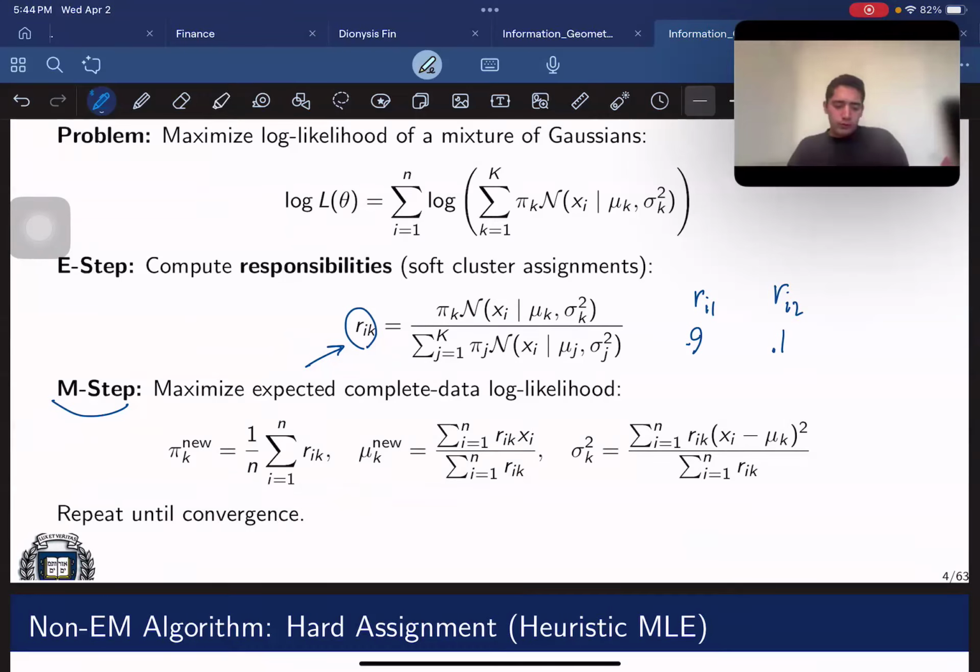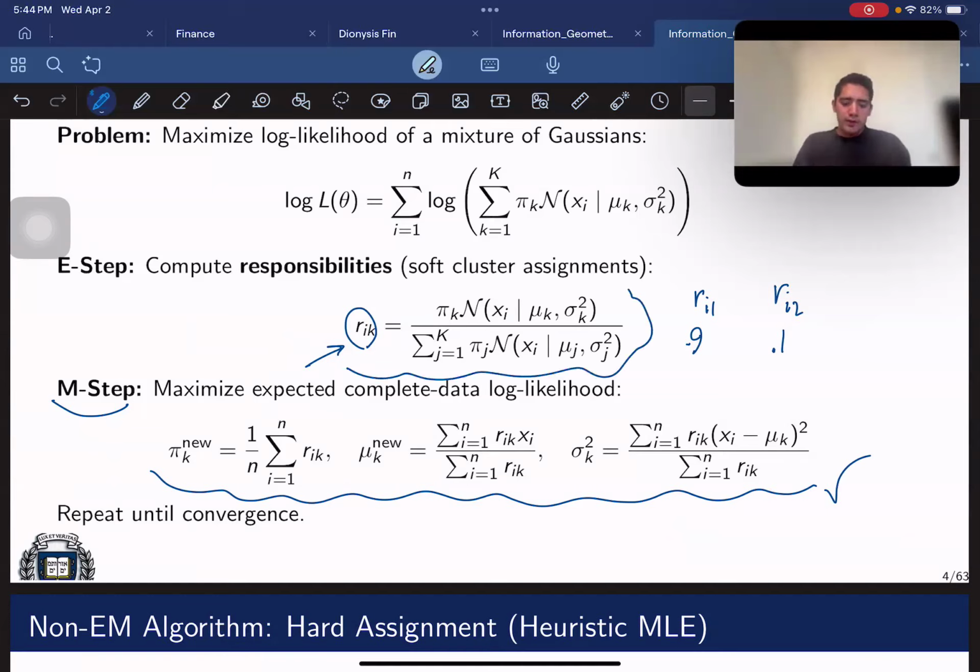We already know why these things are true, because they're maximizing the likelihood. But where does this formula come from? This is just some heuristic we're using, soft assigning points instead of hard assigning each point to different clusters. So this is the question.